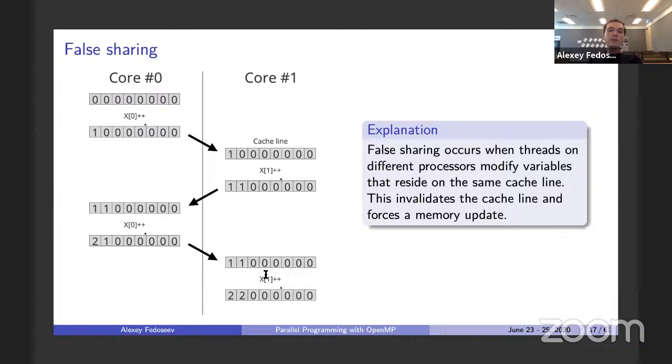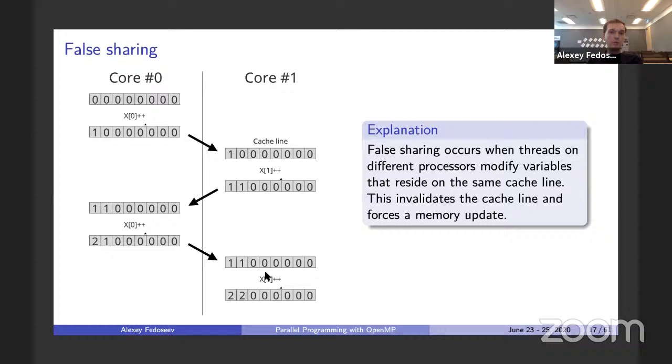But what happens is that because the first element is being updated by the first processor, the array has to be synchronized between these processors through the memory. So basically, every time the value is being updated, the array has to be synchronized with the memory and then uploaded into the cache line of the second processor in order to make sure that the values are consistent.